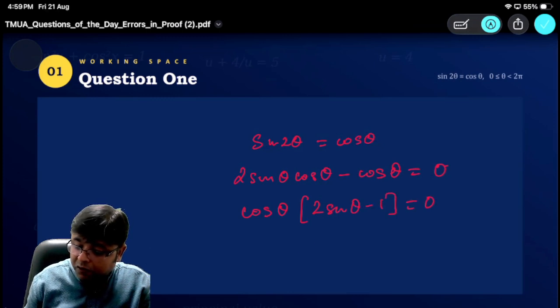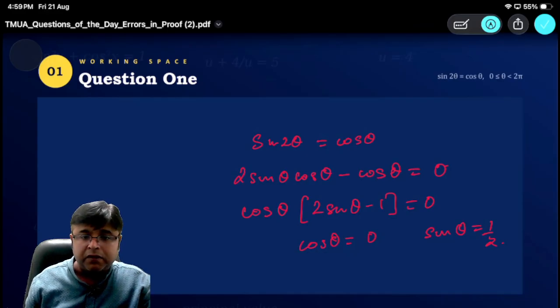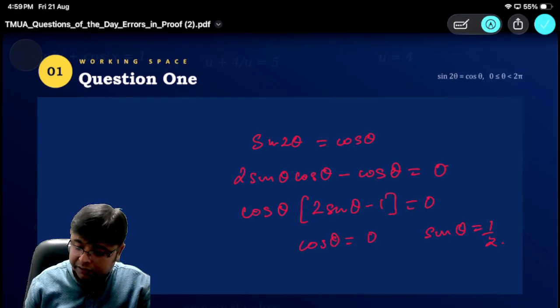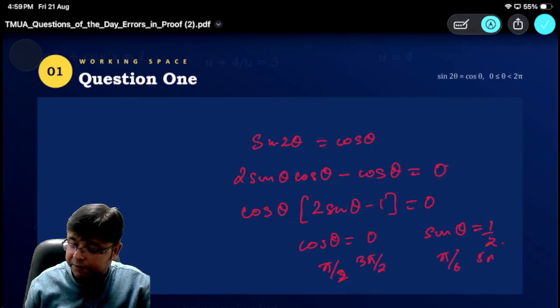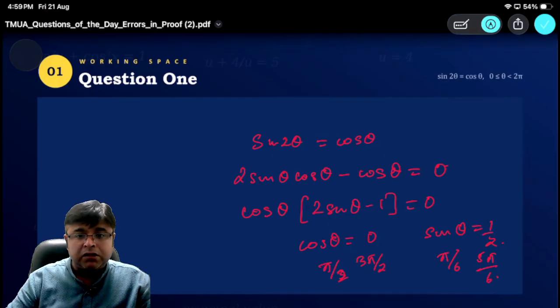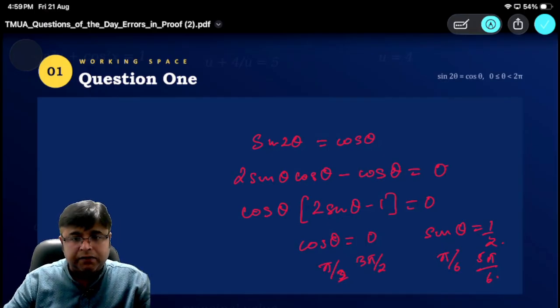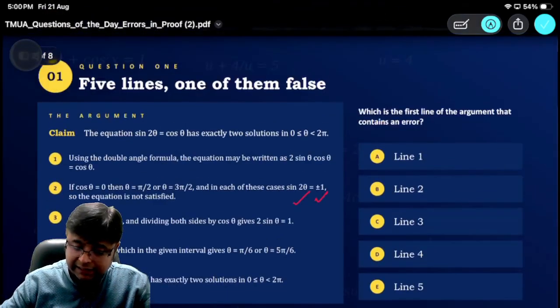So it will give me cos theta equals 0 and sine theta equals half. So there will be four solutions because cos theta is 0 at pi by 2 and 3 pi by 2, and sine theta is half at pi by 6 and pi minus pi by 6, which is 5 pi by 6. Right? So this is the correct way of solving this. That's why the error lies in the second line itself.